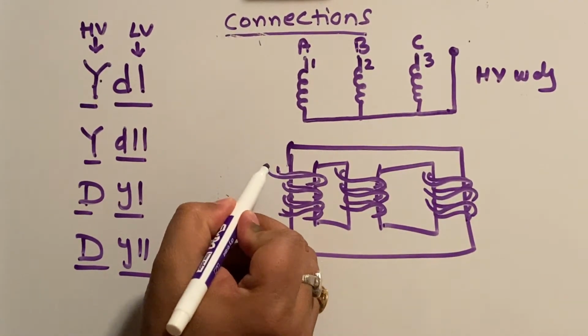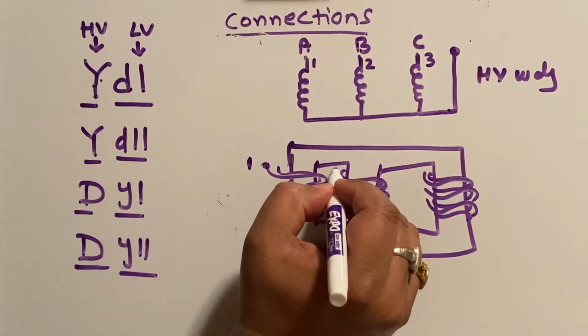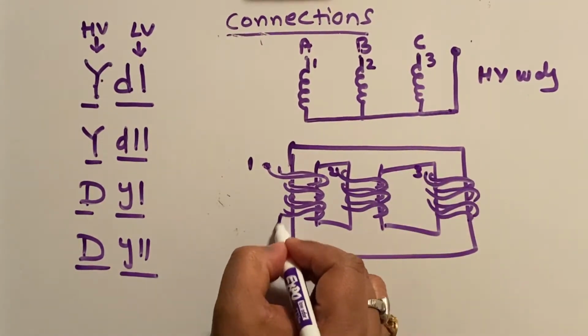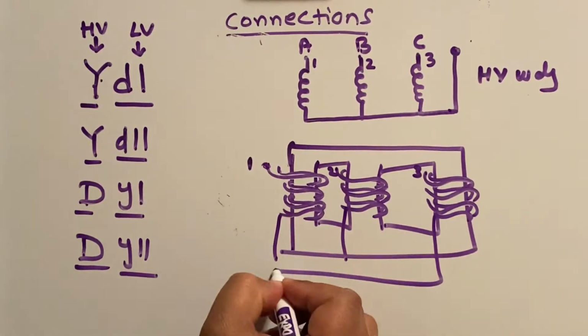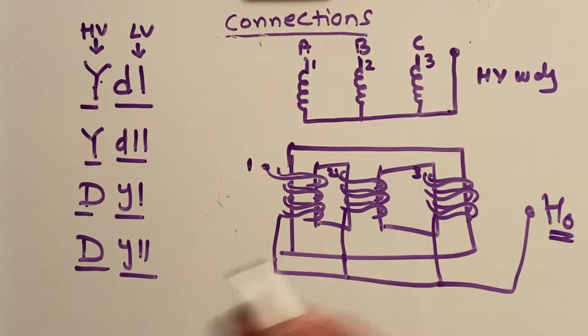So the high voltage winding, this will be the line end, let's say 1. This will be the high voltage winding, let's say 2. This is the high voltage winding, let's say 3. And then the neutral will come out and it will make a HO, or a neutral for the high voltage winding.